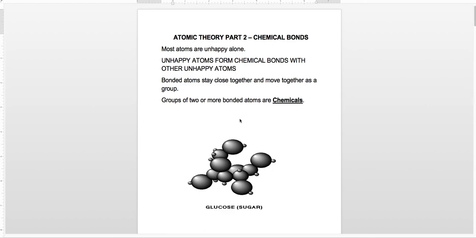So today what we're going to talk about is why atoms form groups with other atoms, why they don't just hang out by themselves. We're going to talk about the different ways that atoms can bond together, different kinds of groups they can make. And then we're going to talk about the chemicals, the groups of atoms that you find normally in all living things. It turns out that every living thing on Earth is made of a very similar set of chemicals.